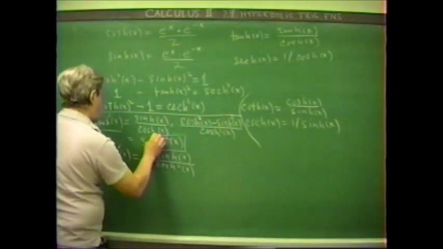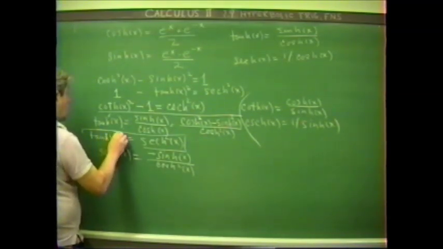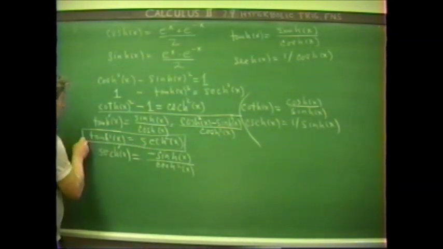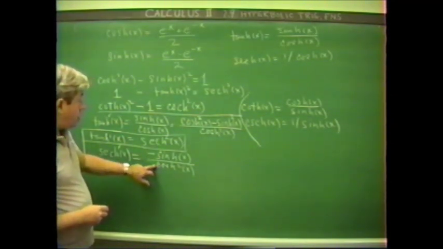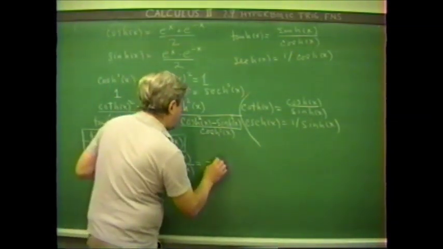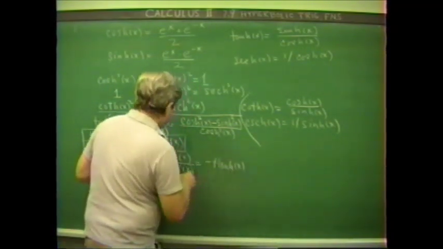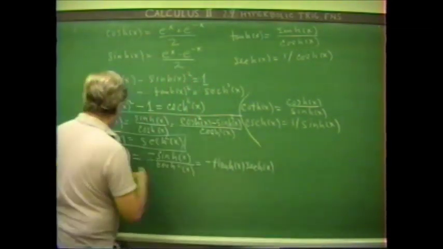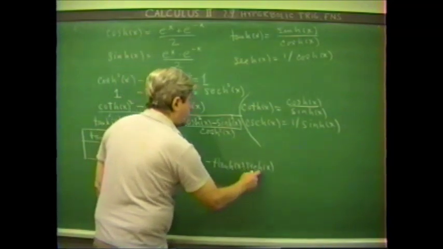So the hyperbolic secant has for its derivative minus hyperbolic sine over hyperbolic cosine squared. It's easier to write this as minus sine over cosine, which is hyperbolic tangent, and we have a 1 over cosine left over, which is hyperbolic secant. So the similarity to the derivative of the secant is obvious: the derivative is minus the tangent times the secant.